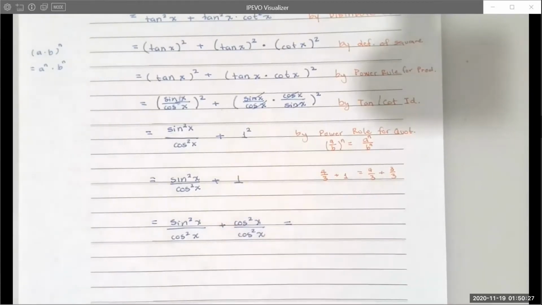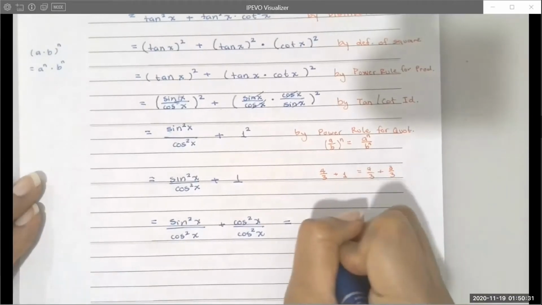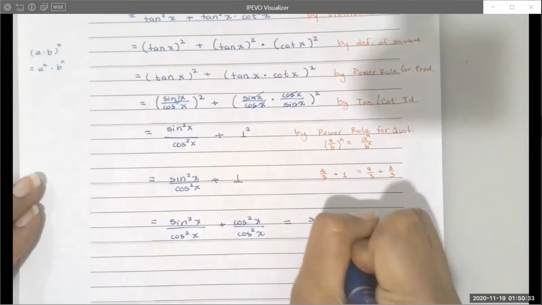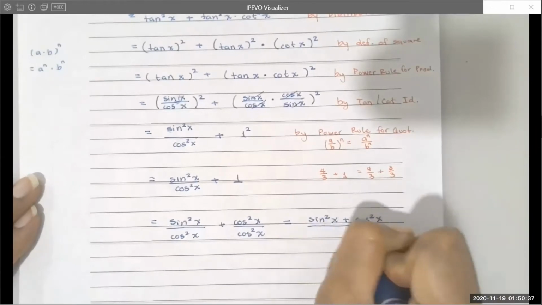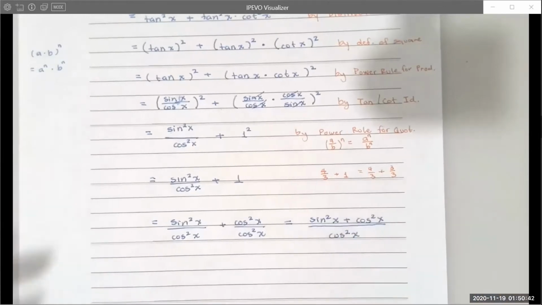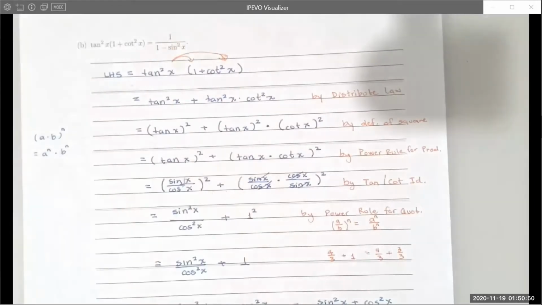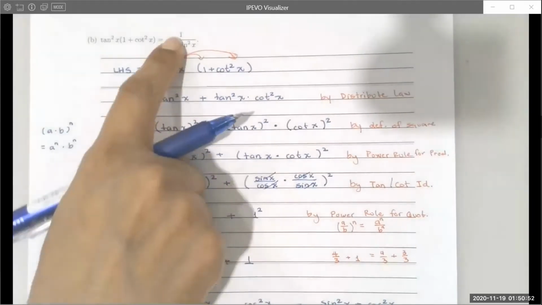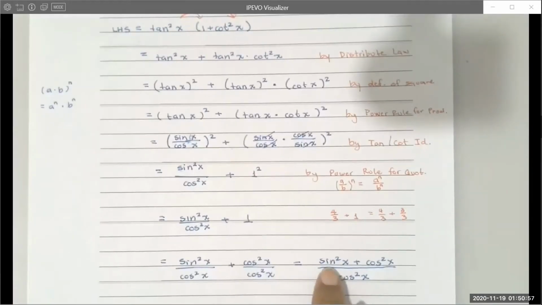All right. So now that we have the same denominator, we can add across the numerators to get sine squared x plus cosine squared x all over the same denominator, cosine squared x. Okay. Now, we have one term, so closer to the goal, but not quite there yet. But we need the numerator to be 1. Currently, our numerator is this stuff.